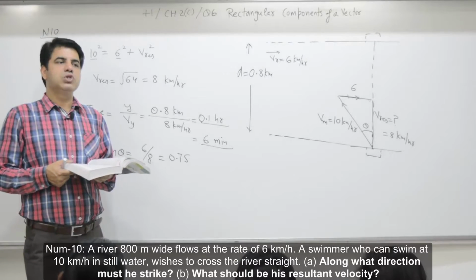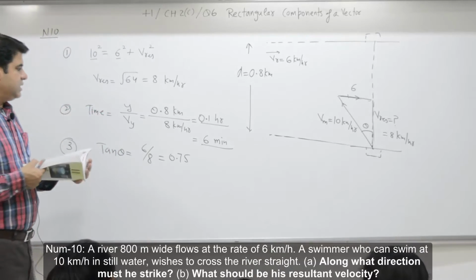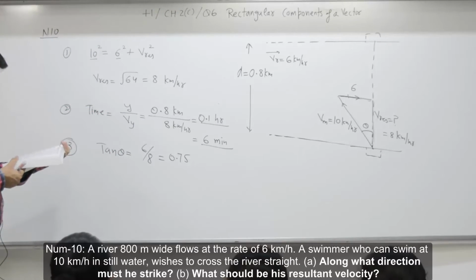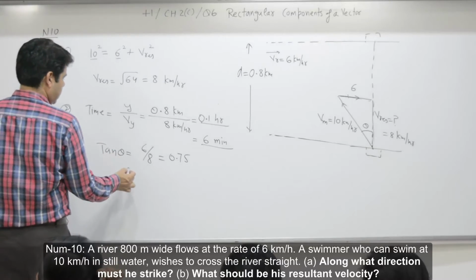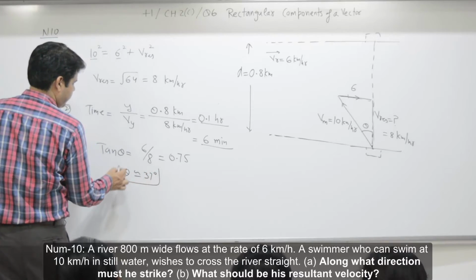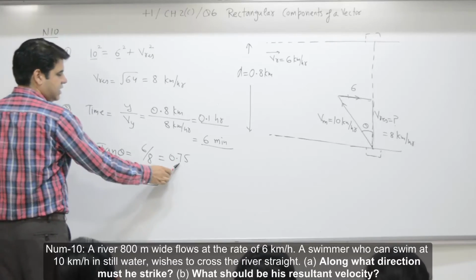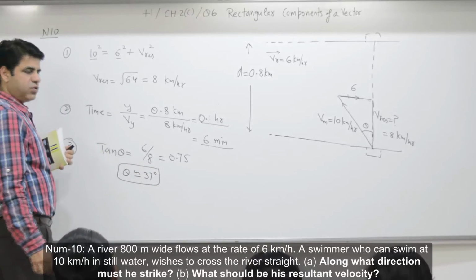Table is given in volume 2 end. So at present you have volume 1. Tangent theta is equal to 0.75. I will just have an idea from the answer. That's 53, 37. Am I right? This theta will come out to be 37 degree. Less than 45. Tangent 45 is equal to 1. Tangent 30 is equal to 1 by root 3.